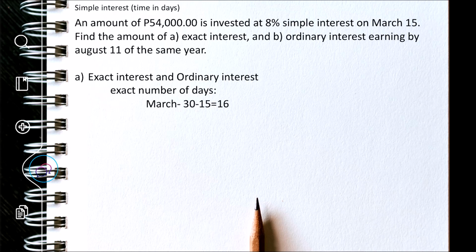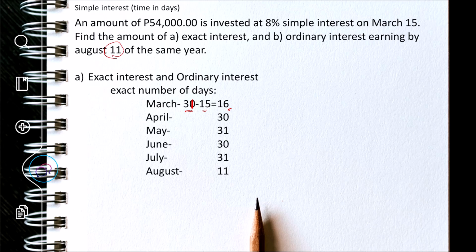For March, ang March po kasi is 31 days, so minus natin yung 15 days na yon. Ang natira na lang is 16 days na. And then, April is 30, May is 31, June is 30, July is 31, August, hanggang August 11 lang tayo.